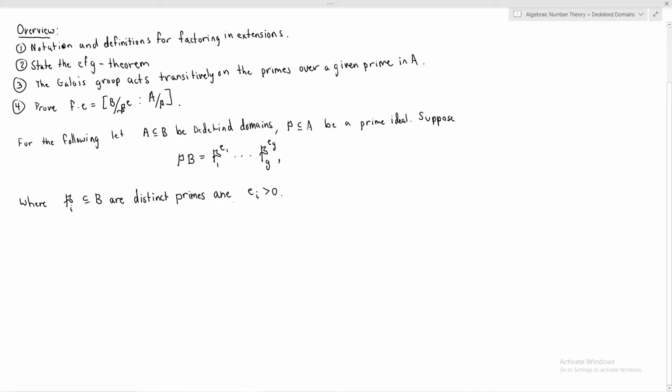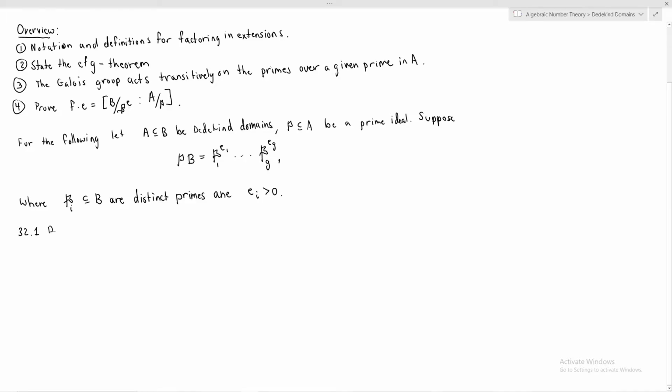So I've got this factorization. These Ei are going to be called the ramification degrees, and then we'll define the residue degrees as well.